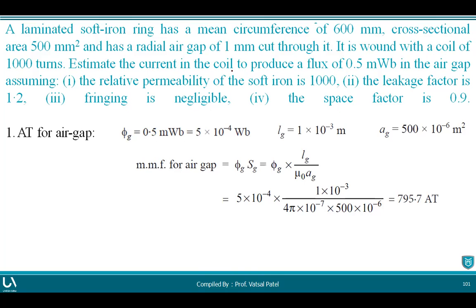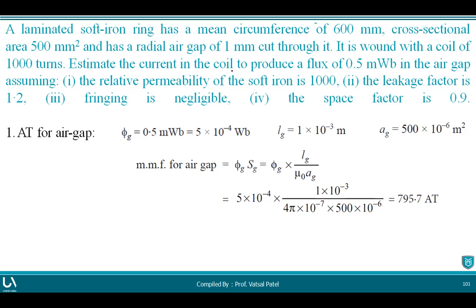So first of all, whatever components we have been given here, we have to separate out. That means first we identify the ampere turn required for the air gap, based on the given parameters of flux, length, and cross-sectional area.